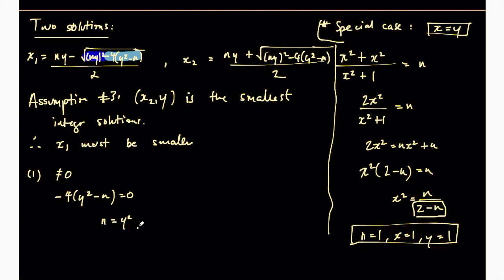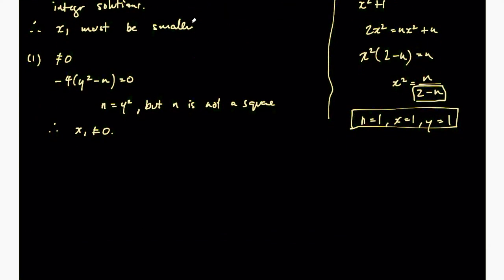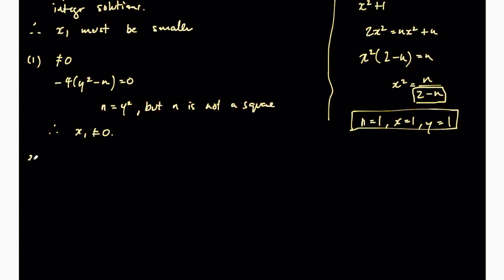Okay, so we can say, but n is not a square. Therefore, x1 cannot equal 0. Okay, so that's the first part of this. We're saying this x1 can't equal 0. Next, we're going to show that it cannot be less than 0. Okay, so x1 cannot be less than 0.